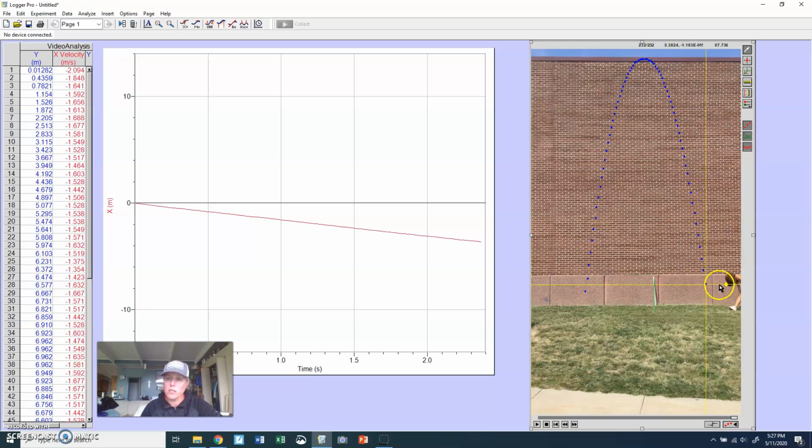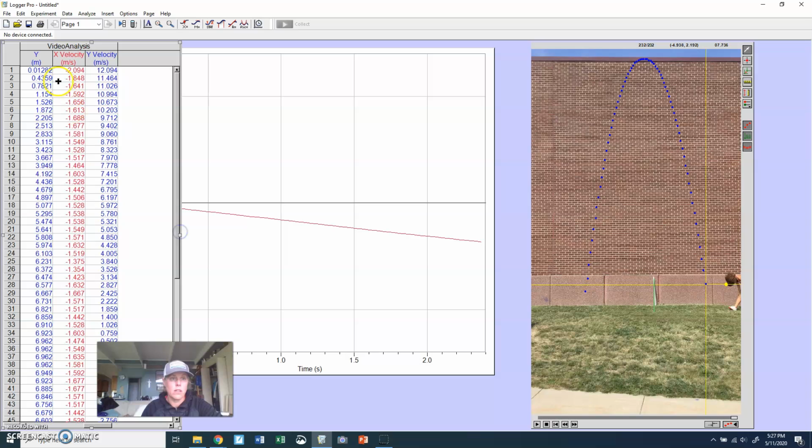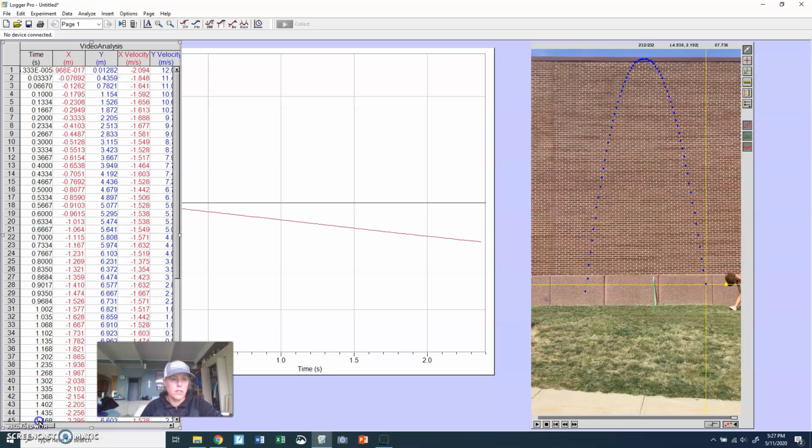So what it's doing, it's observing the motion. It's just plotting. If I look at my data, each point has an x and a y set of data. Let's see if I can get that to spread out. Each point that I've plotted has x and y data.